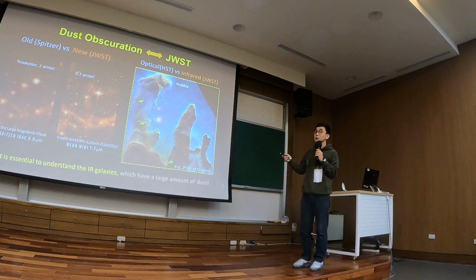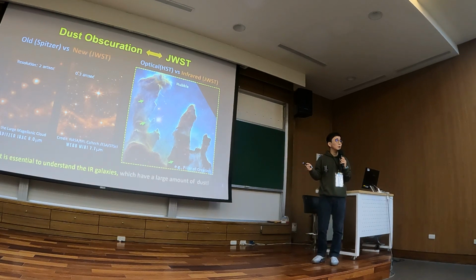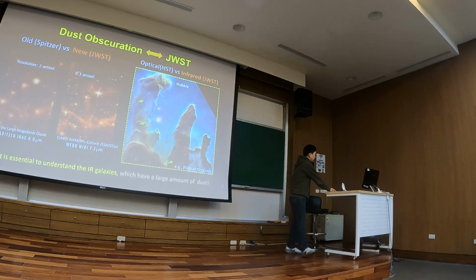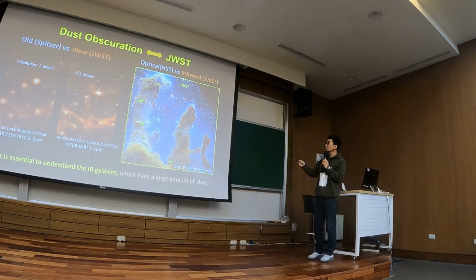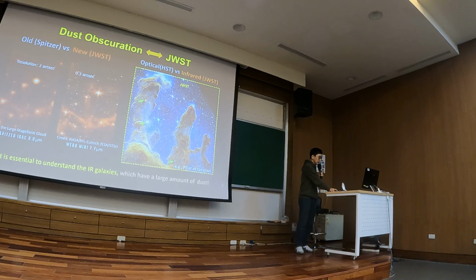So we are using JWST because this is the most advanced telescope ever, which is optimized for infrared observations. The resolution is much better than the previous telescope. And if you see the right panel, you can see that the dust obscuration is much more serious in the optical bands. So this is why we need infrared observations.